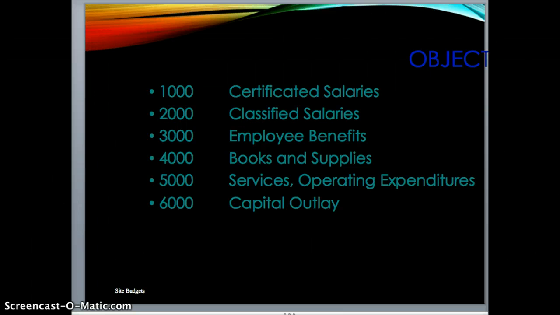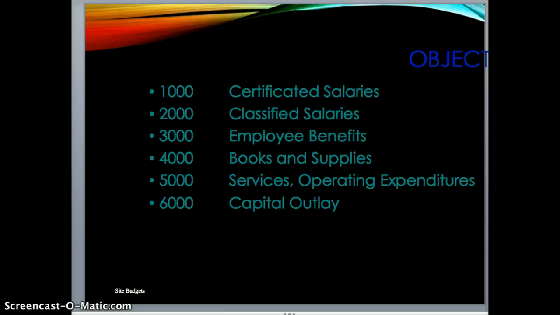This is the list of the major expenditure categories. So certificated salaries will fall in the 1,000 numbers, classified in the 2,000 numbers. All employee benefits will fall within 3,000. Depending on the benefit, it breaks down. 3,400s would be health and welfare. You've got 3,100, 3,200, which are STRS and PERS. So these are the major classifications.